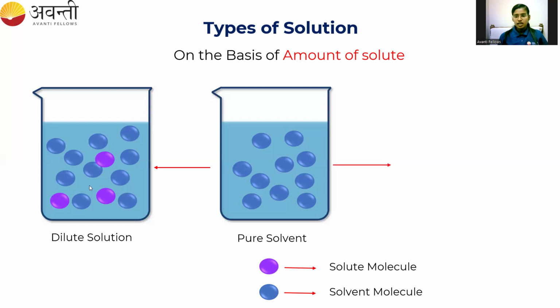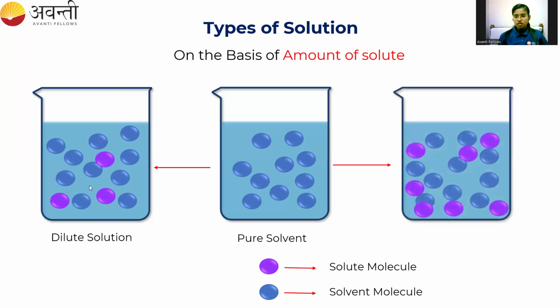Okay. And in the second case, here we have more solute particles compared to the first beaker. Okay, this is called a concentrated solution. Actually, in this beaker, if you see, the solute particles and the solvent particles are almost equal in number. Okay, it is a concentrated solution. If the solute particles are very few compared to the solvent molecules, it is a dilute solution.